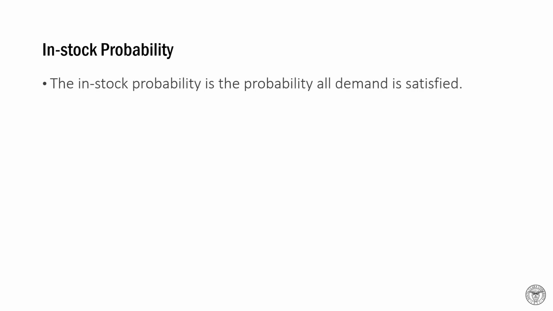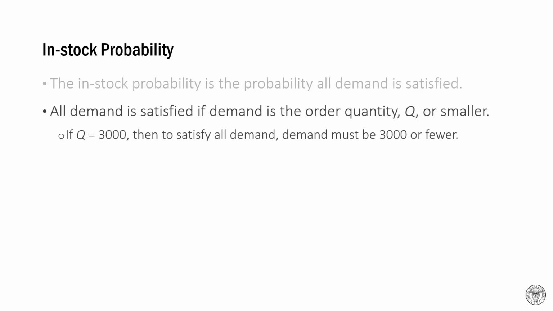Now, we turn our attention towards a crucial component in the Newsvendor model, the in-stock probability. In essence, this represents the probability of satisfying all customer demand. Let's consider an example where the order quantity Q is 3,000 units. In this case, for all demands to be satisfied, demand must be 3,000 units or fewer.